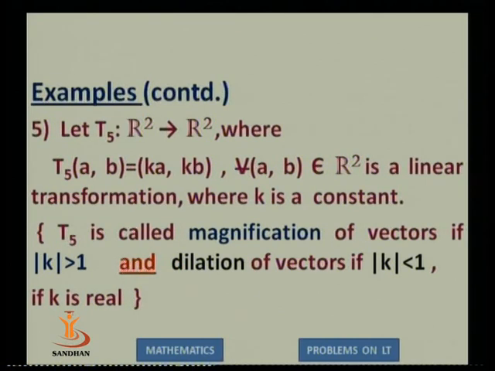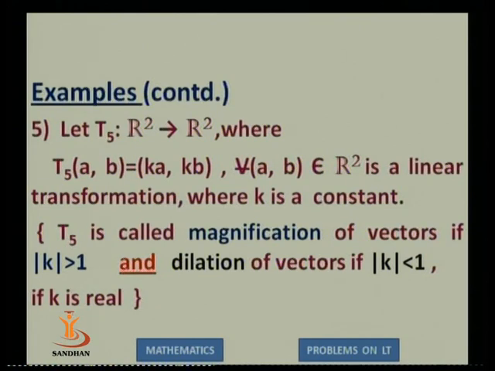If we define function T phi from R2 to R2, where T phi of (a, b) is defined by k(a, b) for every vector (a, b) belonging to R2, it is a linear transformation where k is a constant. You can easily check this.